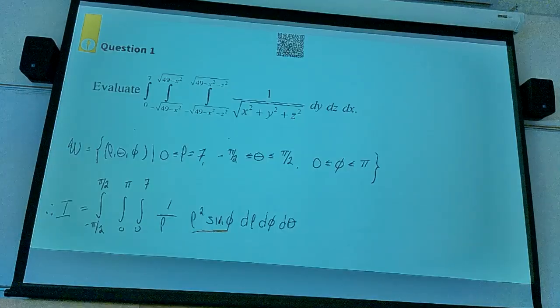Again, the most common mistake, as with polar, is forgetting that additional term, rho squared sine of phi, in the conversion.